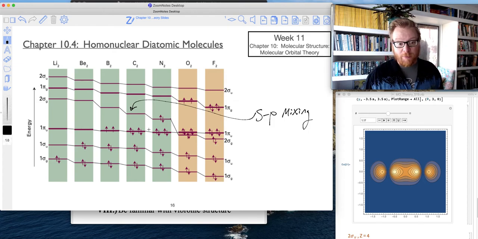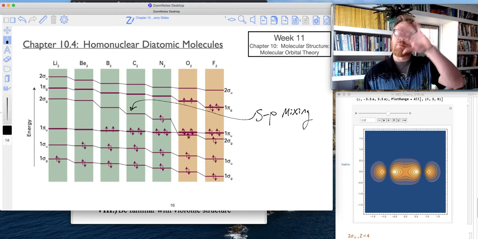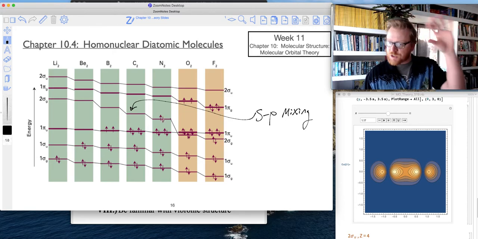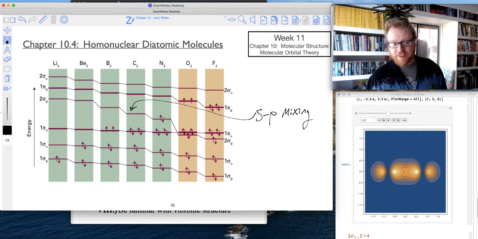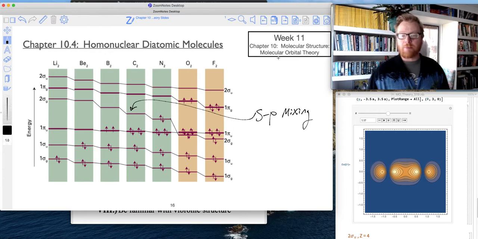So as we start populating more electrons in that range, you've got a more symmetrical distribution around the z-axis. And you can see that has a huge effect of lowering the 2 sigma g energy, whereas the 1 pi u energy remains relatively stable. Okay, so I just wanted to clear that up.